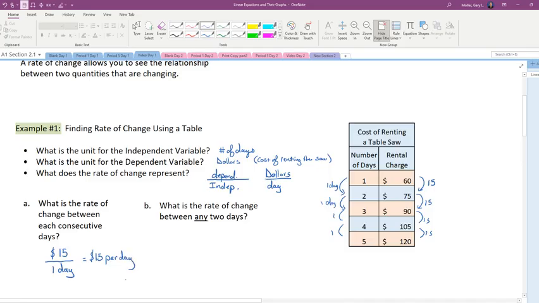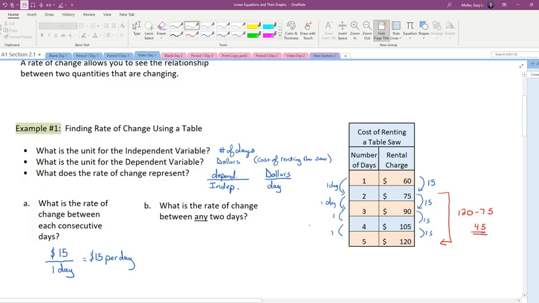All right. Then, just to check, what is the rate of change between any 2 days? So we did consecutive days, but let's just pick, for no particular reason, day 2 and day 5. So what's the change between day 2 and day 5? Well, to find the change in something, we would subtract them. So 120 minus 75 is going to be 45.